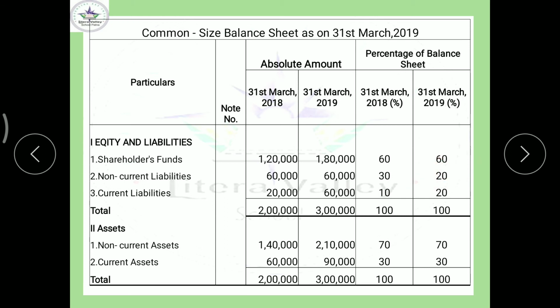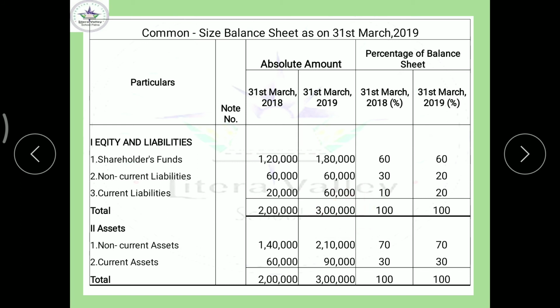You don't have to compare across years, please. Each individual item again, current liabilities is 60,000, so it will be divided by 3 lakh. The question should not be raised like, sir, in the year 2018 current liabilities is given 20,000 and in the next year 60,000. That is not a matter of the topic. You have to compare as I told you, vertical, this way. You have to solve it this way.